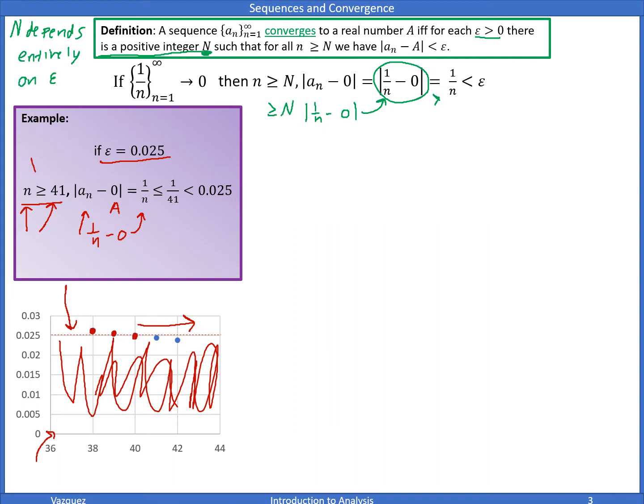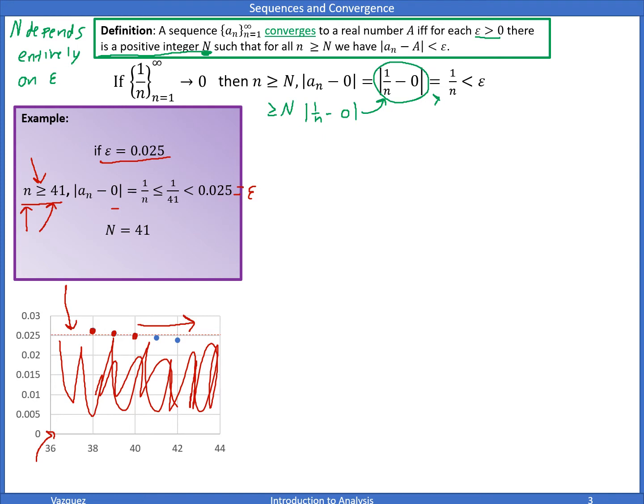And if n is greater than or equal to 41, well then 1 over n here is less than or equal to 1 over 41. And that is less than epsilon, in this case 0.025. Right, so I'm just going to erase this because there's still something to come. So our big N here is 41.